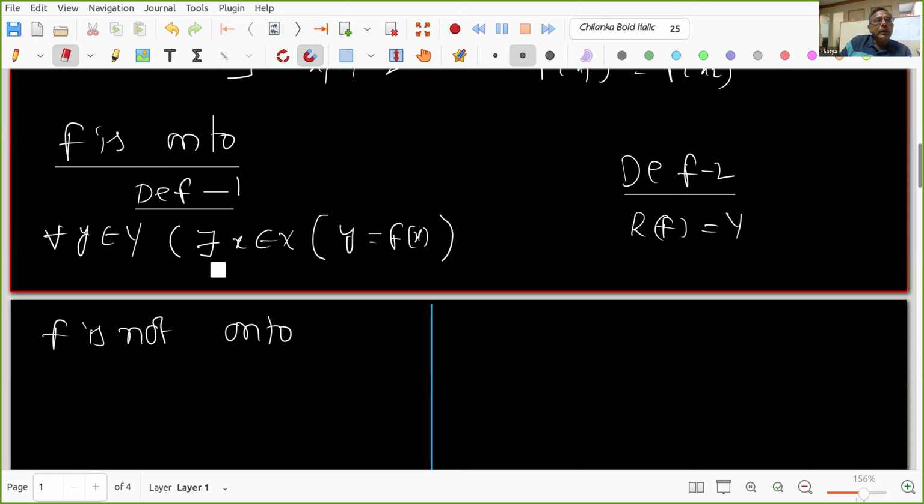So if someone wants to tell what is meant by f is not onto, if you're ready, can you tick yes? Be quick. F is onto meaning this part; not onto means what? So how do you do this? Let us see how you tell.